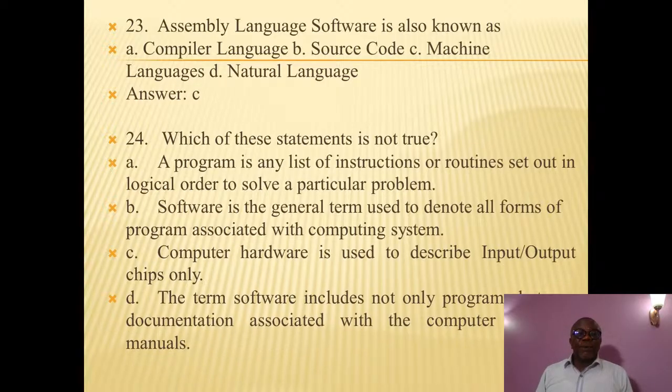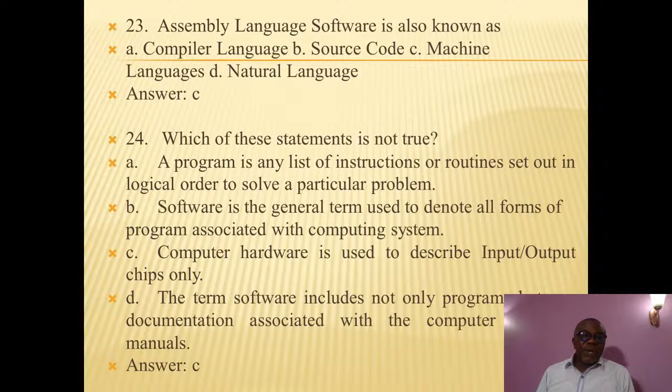C, computer hardware is used to describe input-output chips only. And D, the term software includes not only programs, but any documentation associated with the computer, such as manuals.